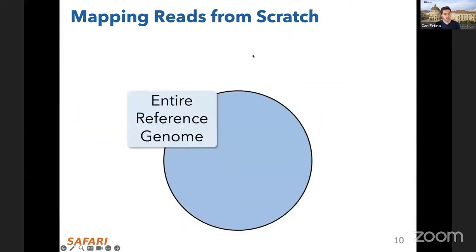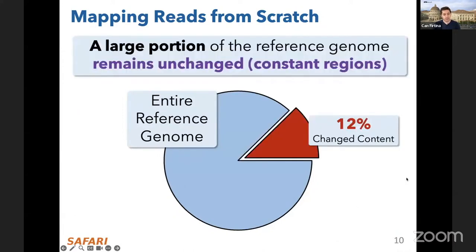You can assume that this is the entire reference genome. However, when we're updating reference genomes and moving from the old to the new reference genome, we usually see that about 12% of the new reference genome is different from the old reference genome, or vice versa.